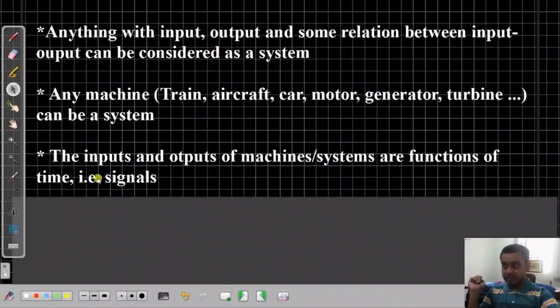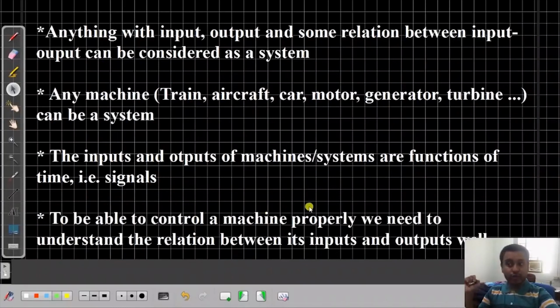Now, the inputs and the outputs of a machine or a system can vary with time. So inputs and outputs are functions of time, therefore they are signals, and that's why we are studying about signals. Now, to be able to control a machine properly, we need to understand the relation between its inputs and outputs very well.